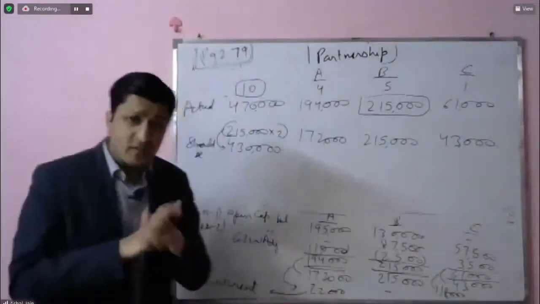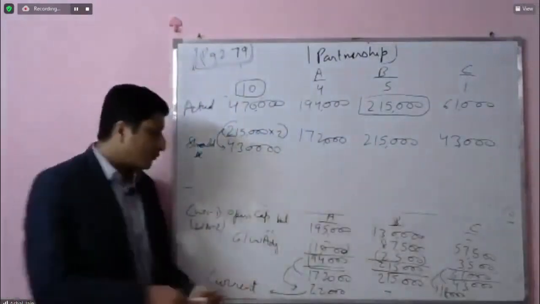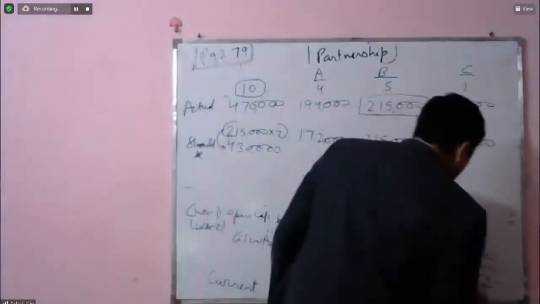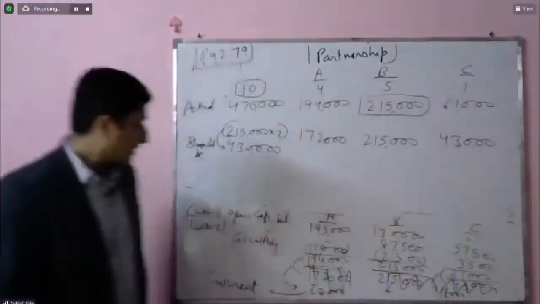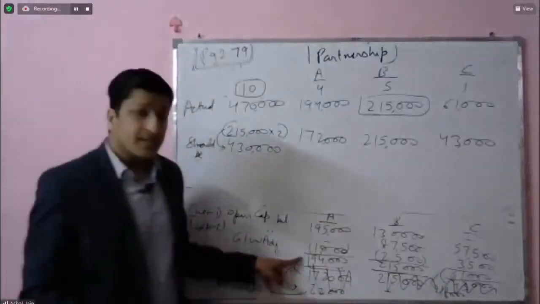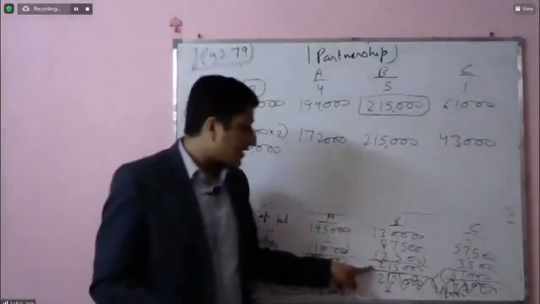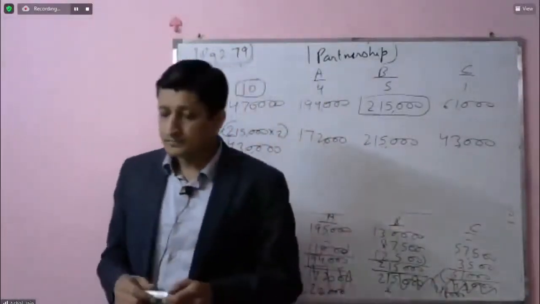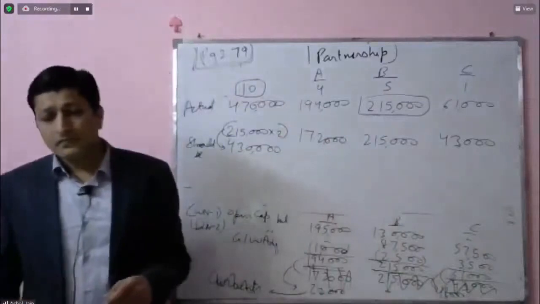If the question is silent on this point, you will end it over here. You will not do this working, okay? So this part which I have deducted, you will not do this. You will just simply take A's capital as 194, B's capital as 215, and C's capital as 61,000. Clear?